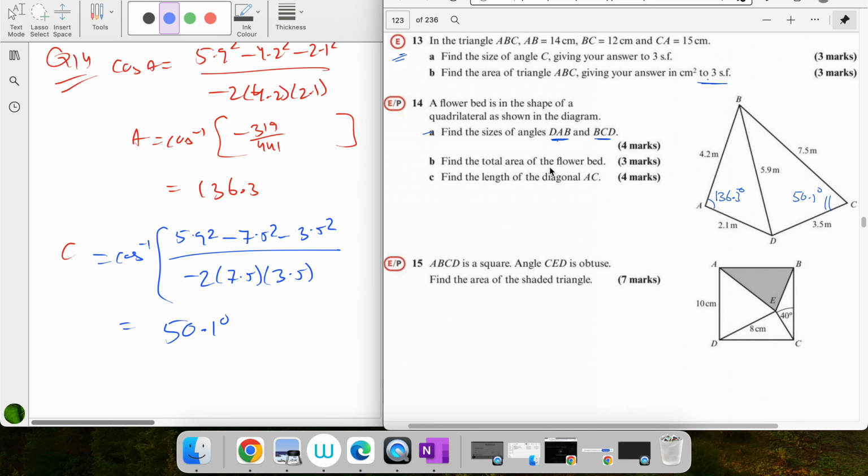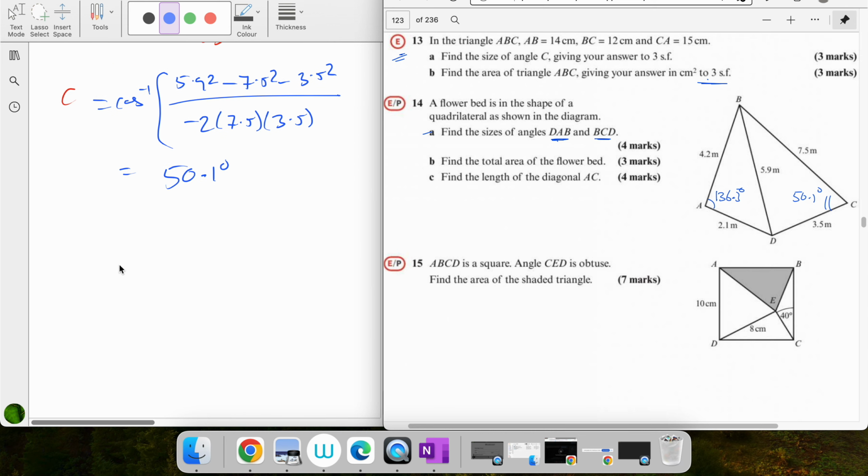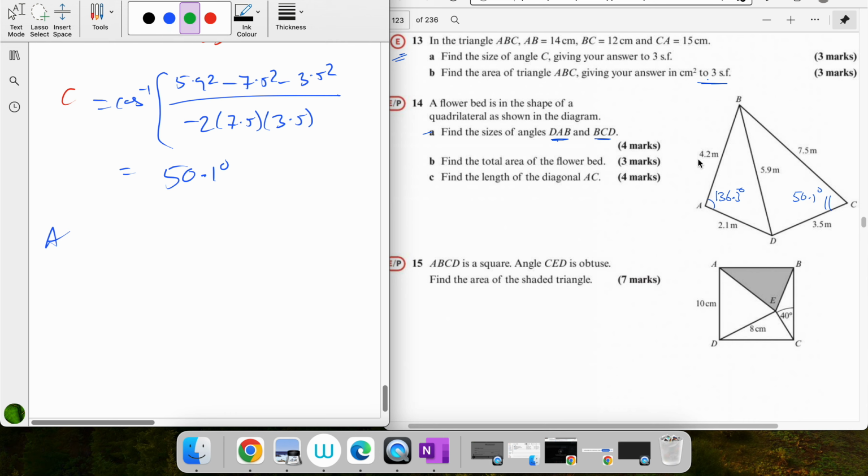B part says find the total area of flower bed. So total area, we have two triangles.